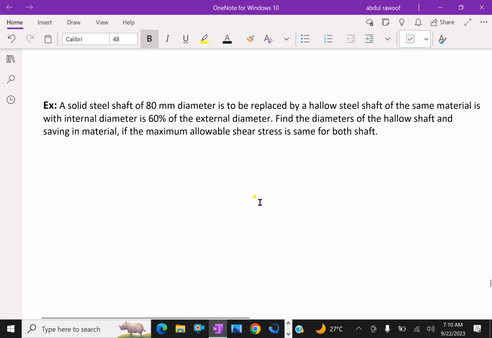Let us first define the diameters of the hollow shaft we are finding.